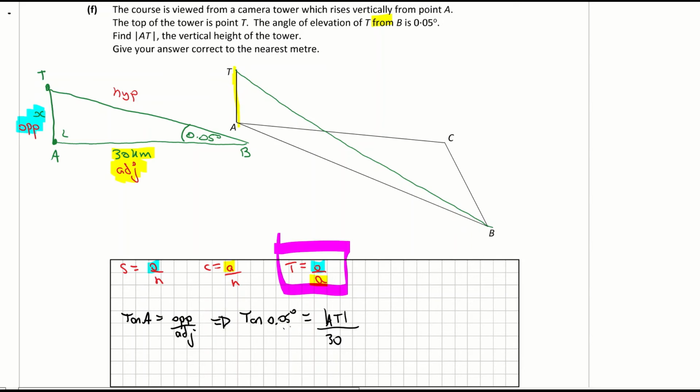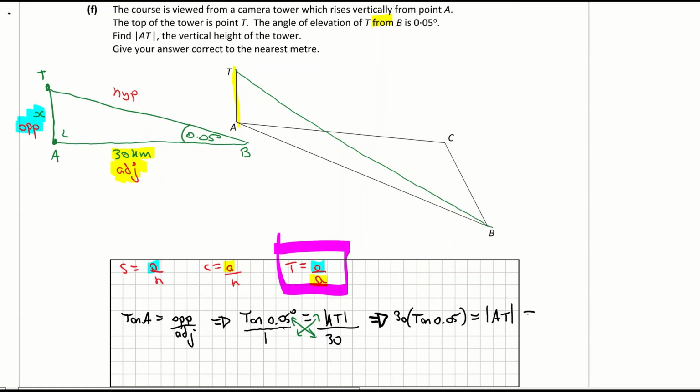I'm going to put my tan 0.05 over 1, and simply cross multiply to solve these fractions. So I'm getting 30 times tan of 0.05 is equal to the distance AT.